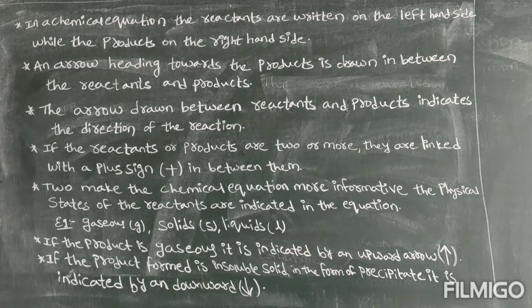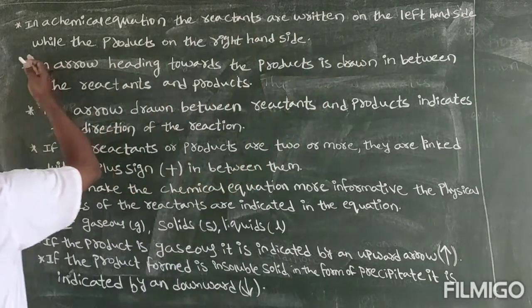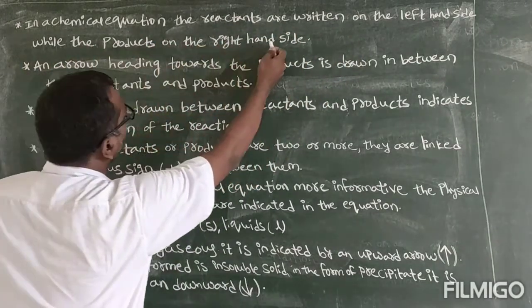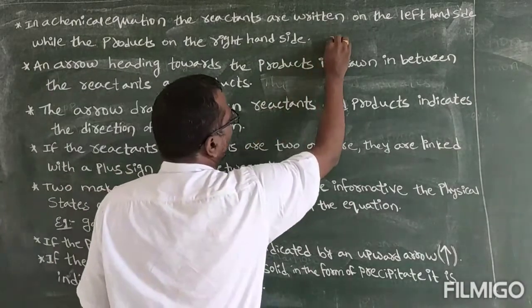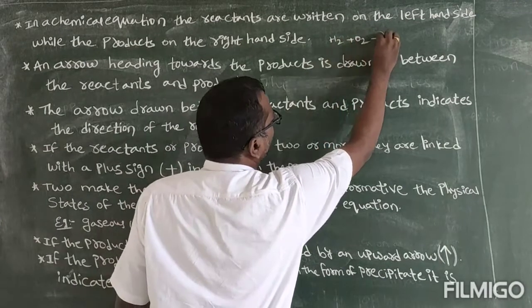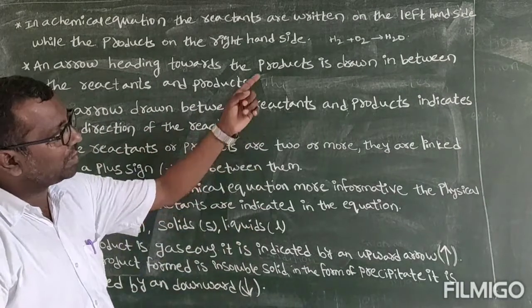Okay, now what we had the discussion, the previous one, once we will review. In a chemical equation, the reactants are written on the left hand side, while the products are on the right hand side. Okay, left hand side, you can see here, H2 plus O2 gives rise to H2O. Here the reactants are what?